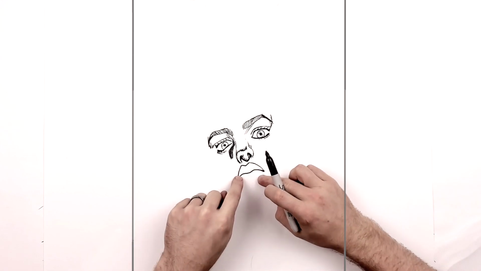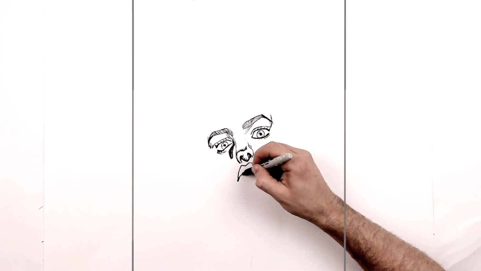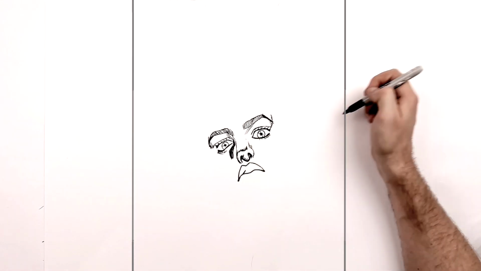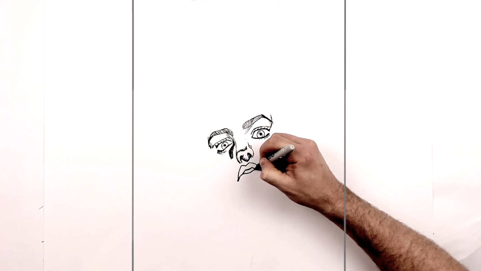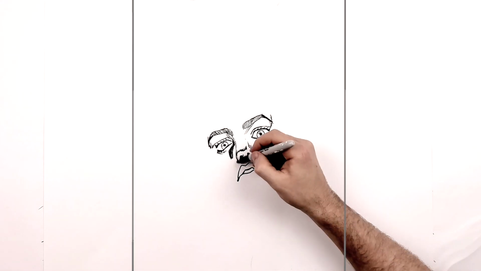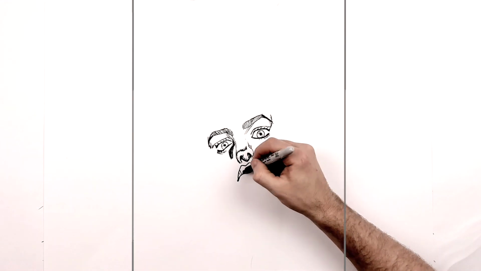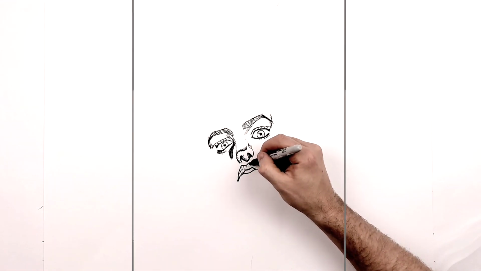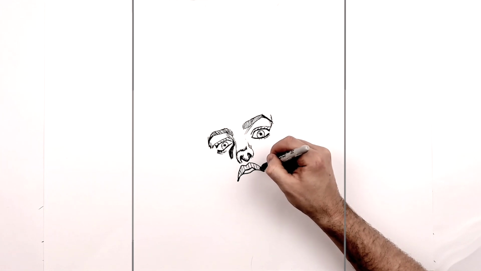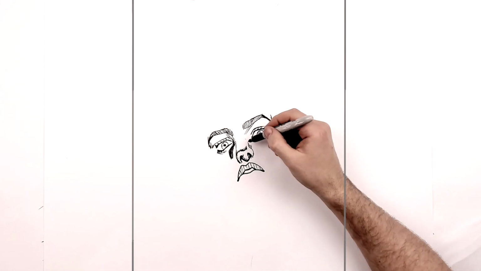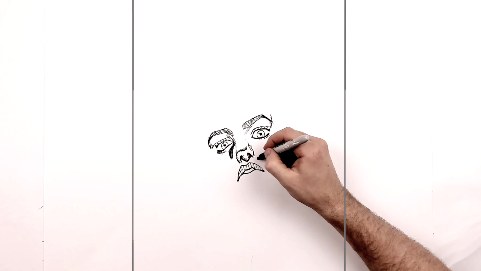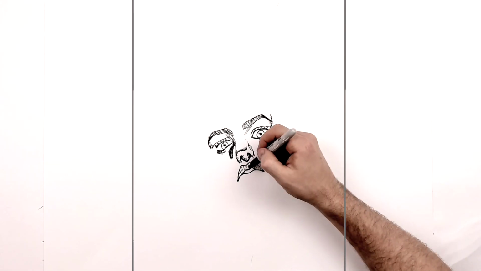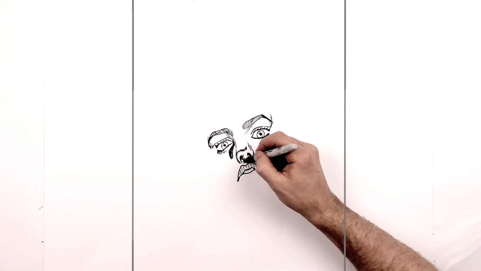So it looks like his mouth is closed now. So to open it up, you just do another line on the inside here, comes up, down and up, down again. And then hatching on the top lip usually helps give it a shadow, kind of like that. And then a line there.